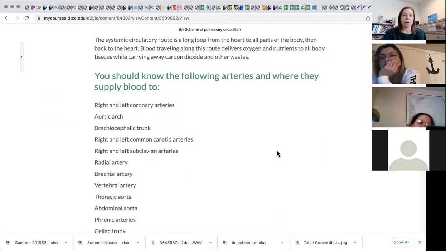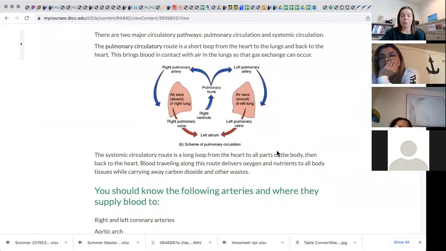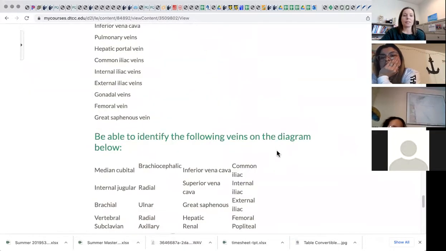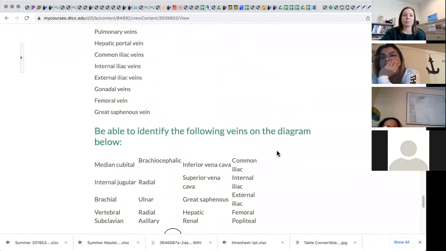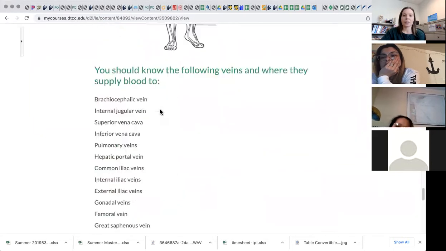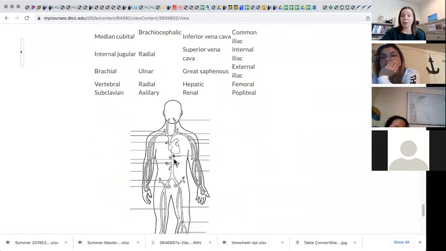And then here's info about circulation. So it's these pictures here, and here that will be on the test.